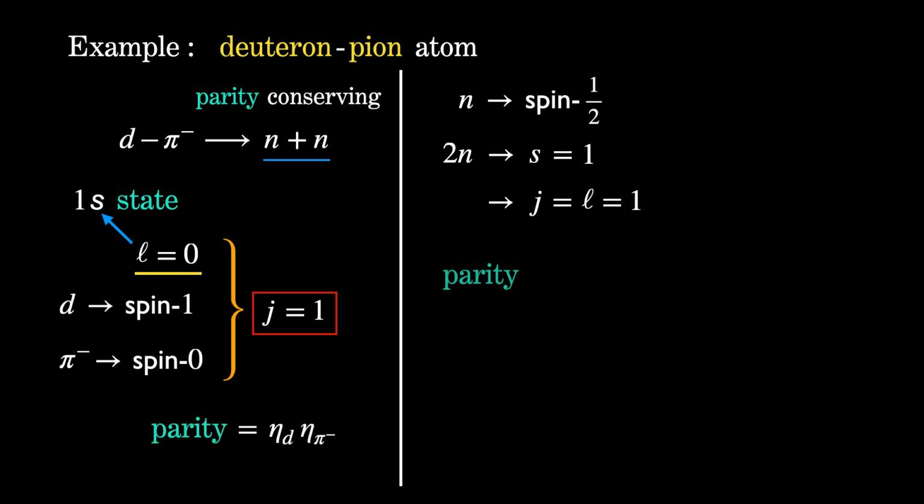Therefore, the parity of the final state is given by, which is just the orbital parity, multiplied by the square of the intrinsic parity of the neutron. For the initial state, since L is 0, we need to include only the intrinsic parities of the deuteron and pion.